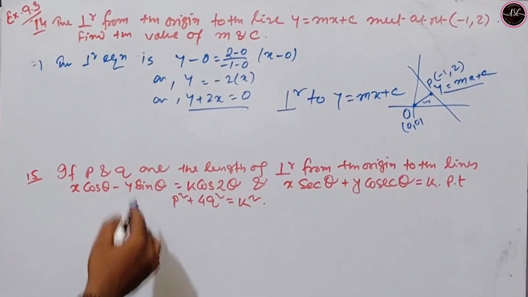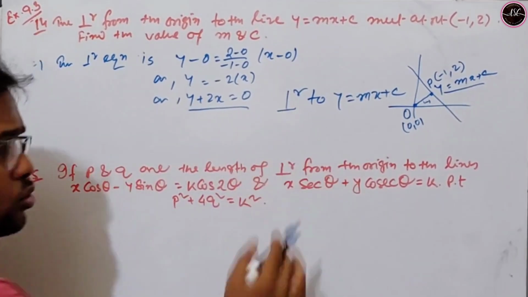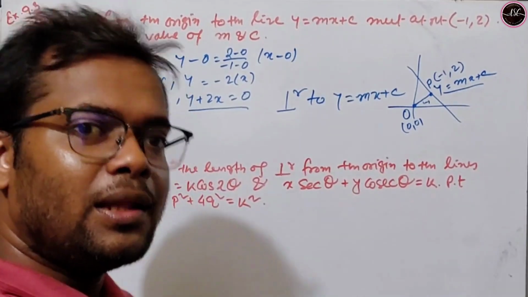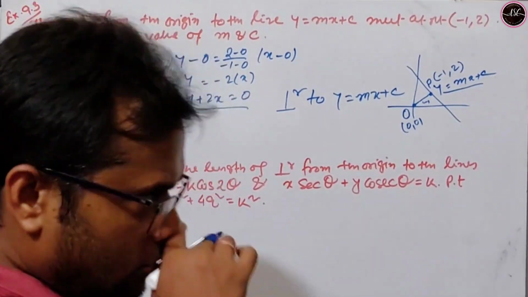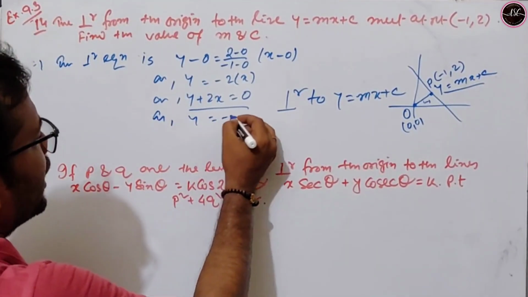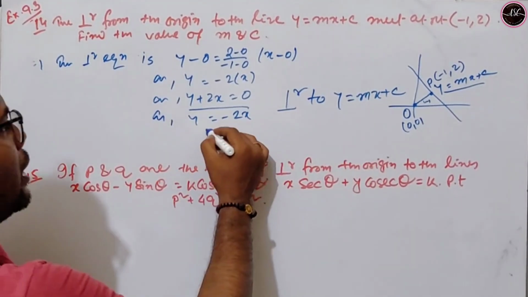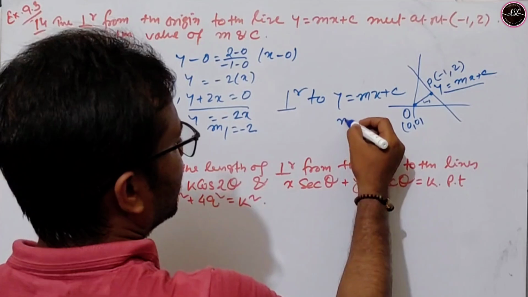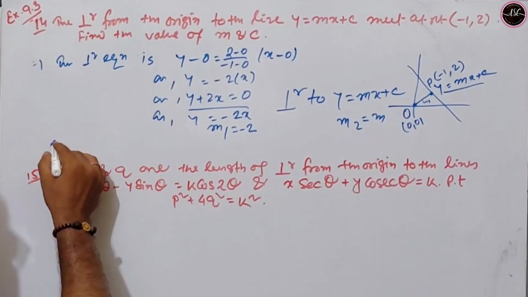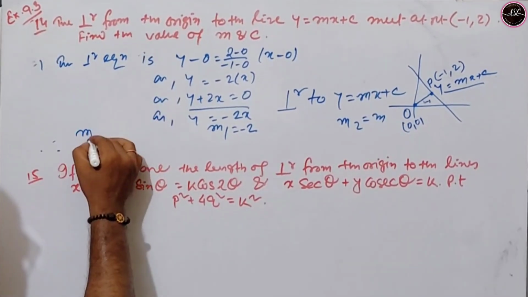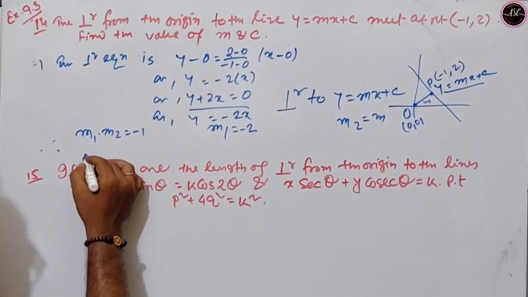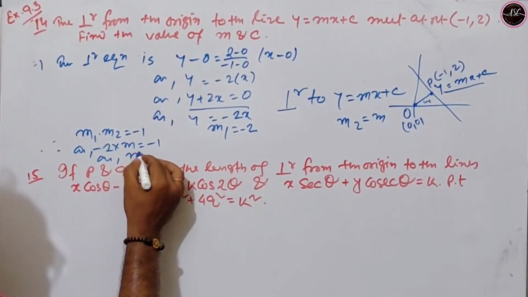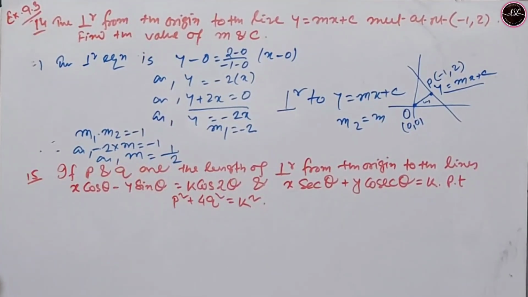Okay, so let's look here, as these two lines are perpendicular, if we multiply the slopes of these two lines, we get minus 1. So here y equal to minus 2x, let this be m1 equal to minus 2, the slope is minus 2, and here m2 equal to m. As these are two perpendicular lines, m1 into m2 equal to minus 1, so minus 2 into m equal to minus 1, or m equal to 1 by 2. So we get this value.